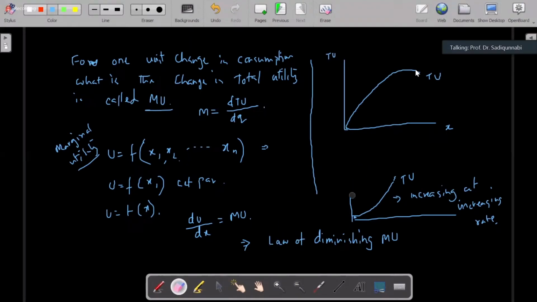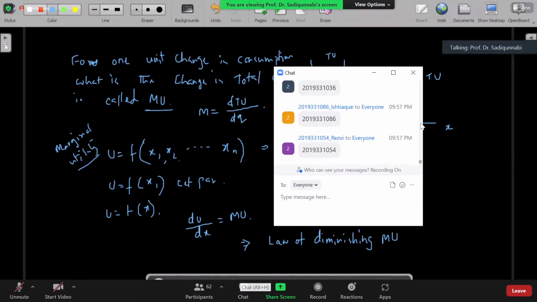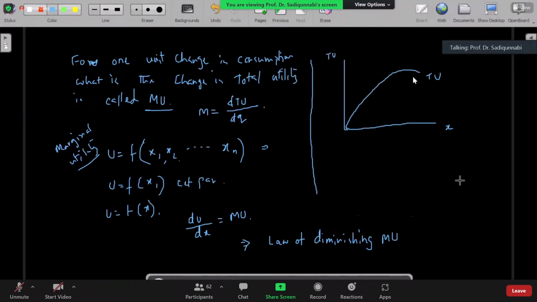As we know, the law of diminishing marginal utility means total utility is increasing at a decreasing rate. The rate is called marginal utility. So total utility has this shape, and this shape is called a concave shape.